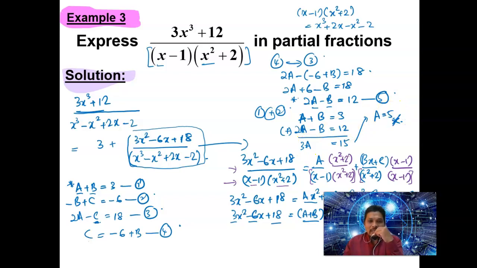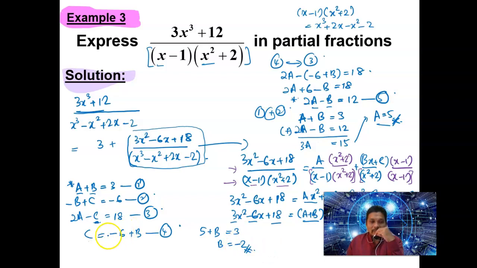So now when a equal to 5, we may substitute here. Substitute a equal to 5 into equation 1. 5 plus b equal to 3. Then b, 5 bring to the side become negative, so 3 minus 5 equal to negative 2.